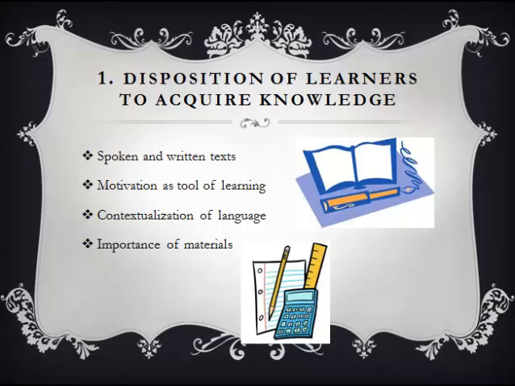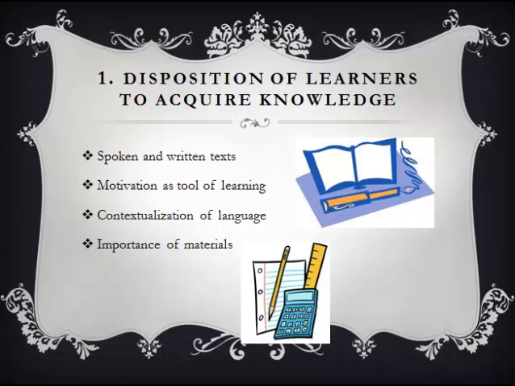The first principle of language acquisition is about the disposition of learners to acquire knowledge about target language learning. It's just like a prerequisite to the application of the ELT materials. Those prerequisites can be enumerated. The first one is that the ELT materials should include spoken and written texts that can introduce the topic.